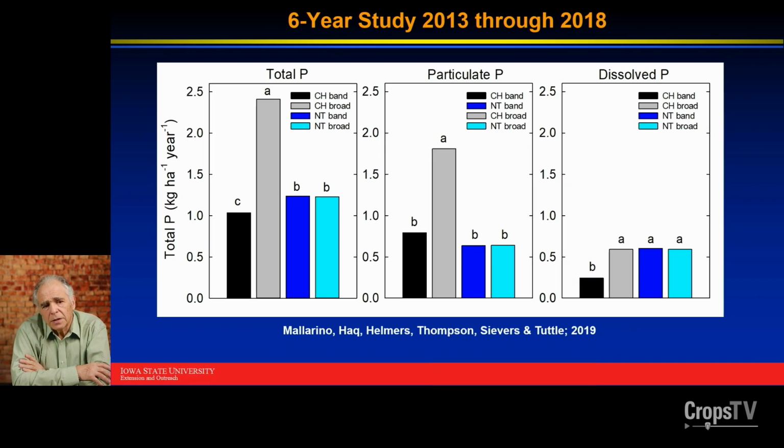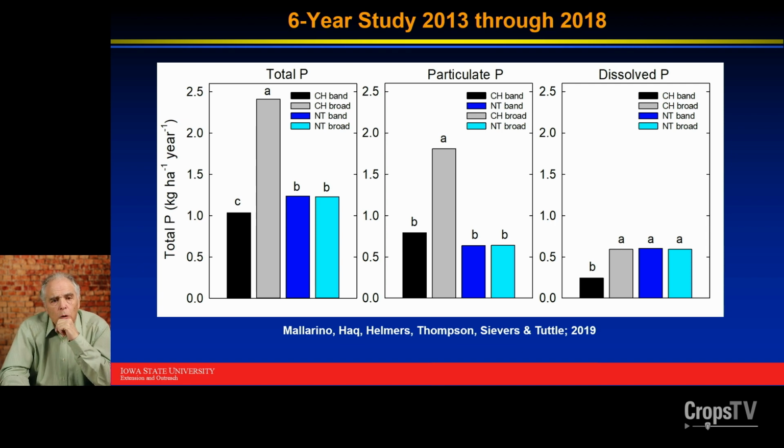Now, this was consistent in all the years. In the chart at the left, we have the total P. In the middle one, we have the particulate P, the sediment-bound P, and in the right one, we have the dissolved P, dissolved reacted P. And as you can see with the different color bars, the black is banding with tillage, the gray is broadcast with tillage, the dark blue is banded with no-till, and the light blue is broadcast with no-till.